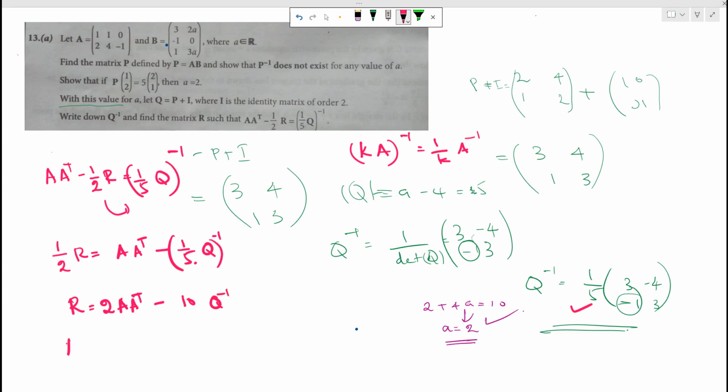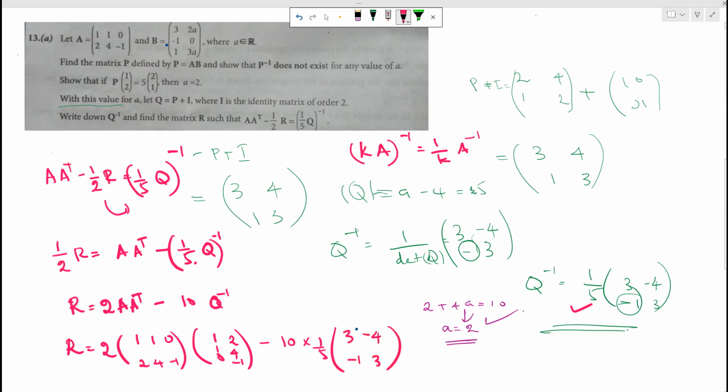Then R is equal to 2 times A, 1 1 0 2 4 minus 1, then the transpose of that matrix, 1 1 0 2 4 minus 1, minus 10 into 1 by 5, then 3 minus 4, minus 1 3. So if I just simplify this, I will get R.